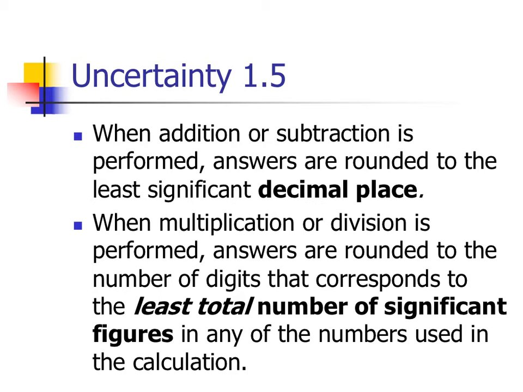As we stated a little bit earlier, when addition and subtraction is performed, answers are rounded to the one with the least significant decimal place, or the one with the least after the decimal place. In multiplying and dividing, it's the least total.